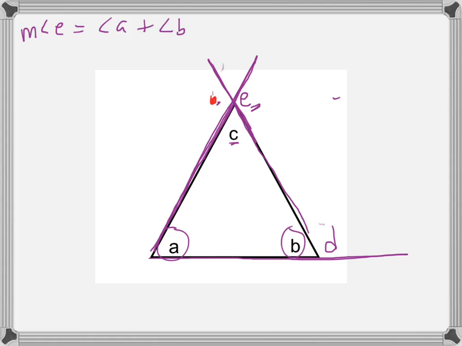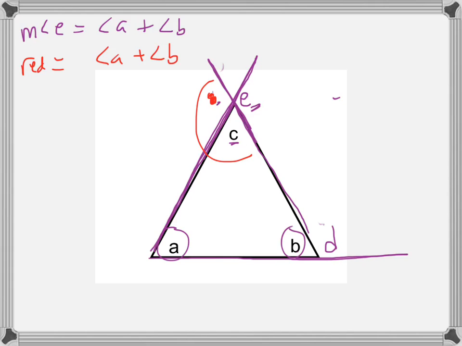The red angle and C form a linear pair, right? So we know that the red angle, because it's an exterior angle, is also equal to the sum of the remote interior angles as well. So that's equal to angle A plus angle B, right?